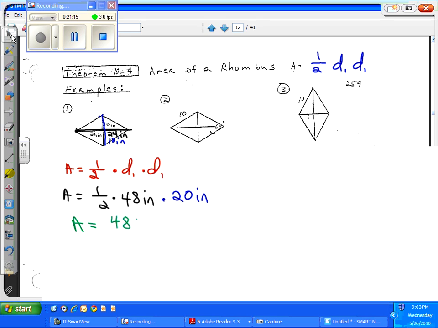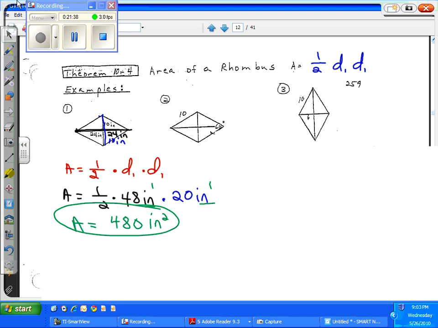Half of 48 is 24. 24 times 20 is 480. Inches times inches, you add the exponents. Inches squared are square inches. And we're going to leave it in that unit. Any questions there?